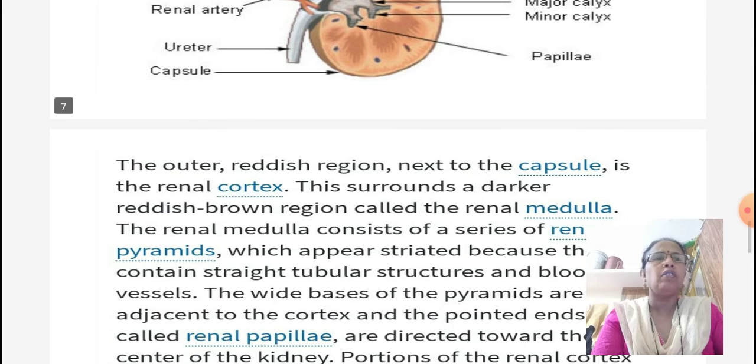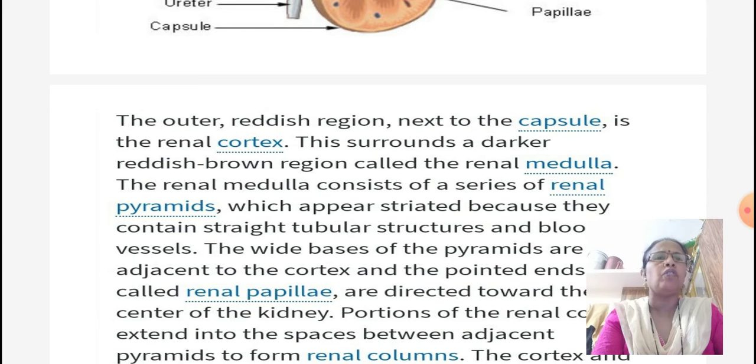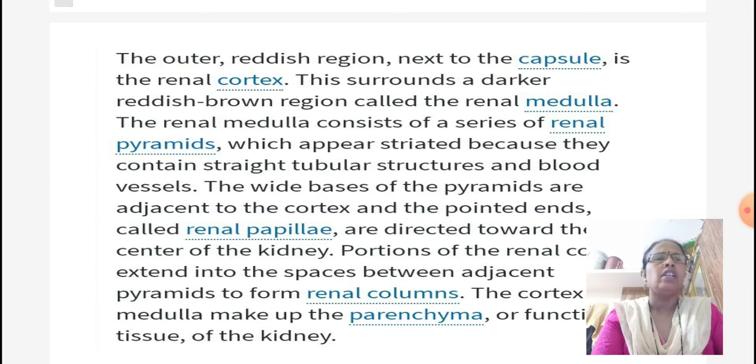The renal medulla consists of a series of renal pyramids, which appear striated because they contain straight tubular structures and blood vessels. The wide bases of the pyramids are adjacent to the cortex and the pointed ends, called the renal papillae, are directed toward the center of the kidney.